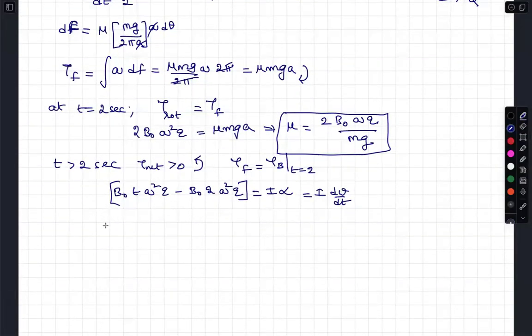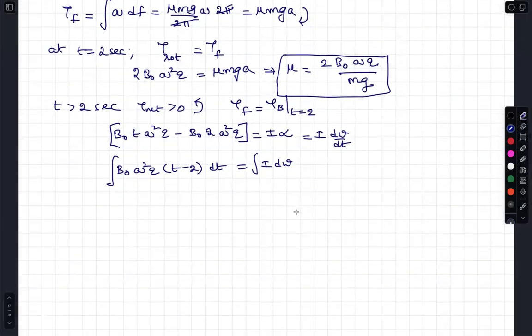Now everything is common. B naught a square q times (t minus 2) dt, integration on both sides, is integral I d omega.